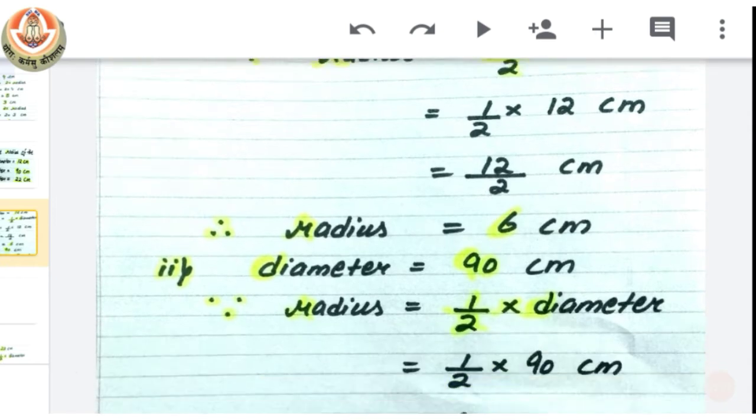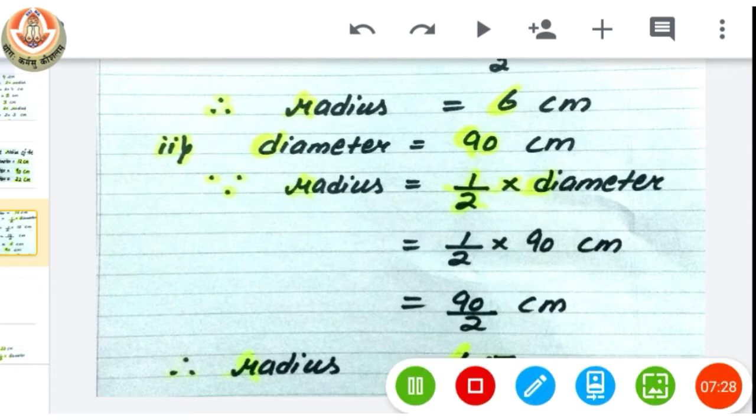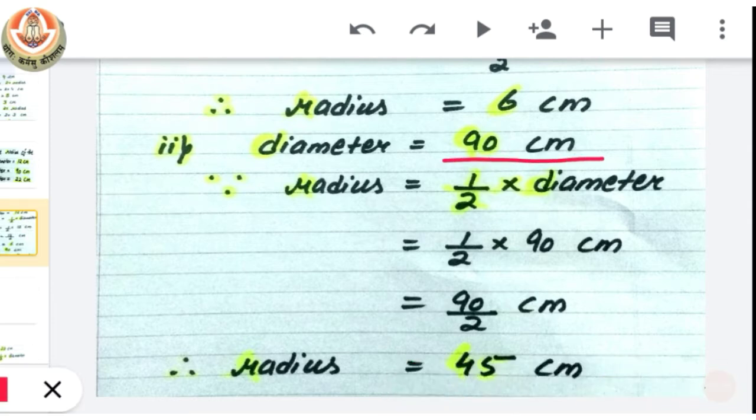Let's see another example. When the given diameter is 90 centimeter. Now imagine a circle with diameter 90 centimeter. It will be a huge circle, right? So let's focus on our solution. When we have diameter 90 centimeter and we place it in the formula where radius is 1 upon 2 multiplied by diameter, again 1 upon 2 is multiplying with 90.